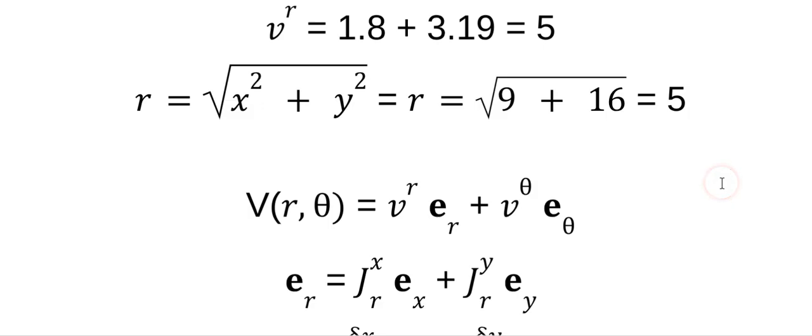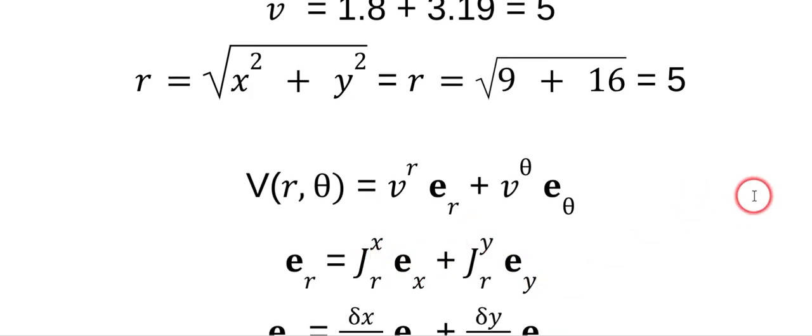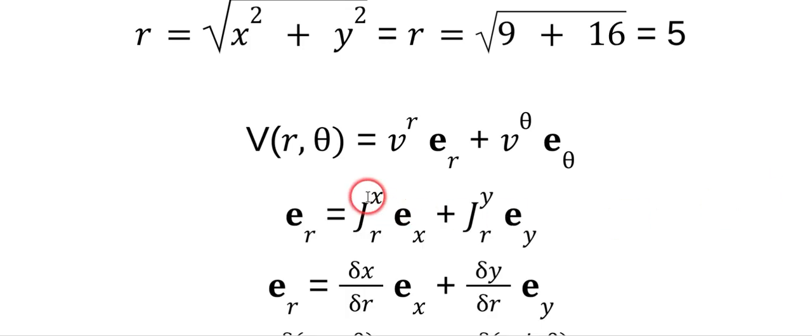Now, for the basis vectors, there's no shortcut, right? So if we wanted to find e_r, we would write it like this. So now the r is in the covariant position, so that's our free index. So it's here, and it's here. The summation index in this case is x in the first case, y in the second case, right? And we know what that means.